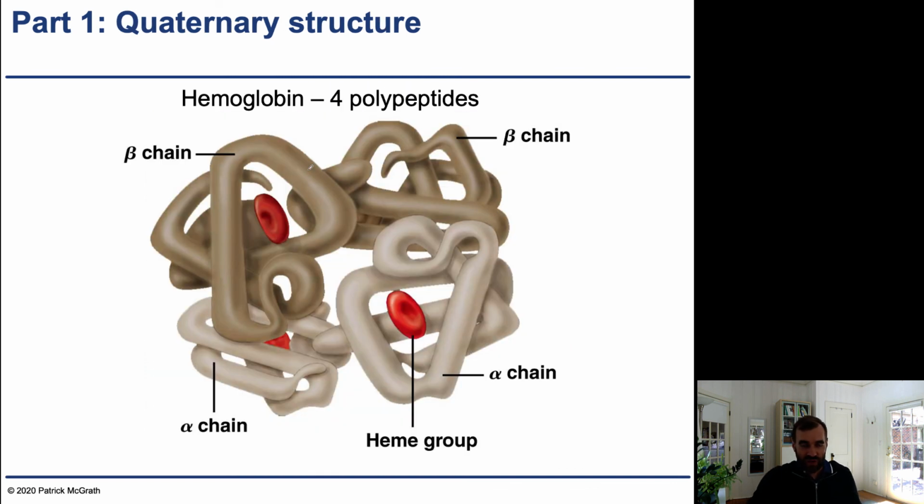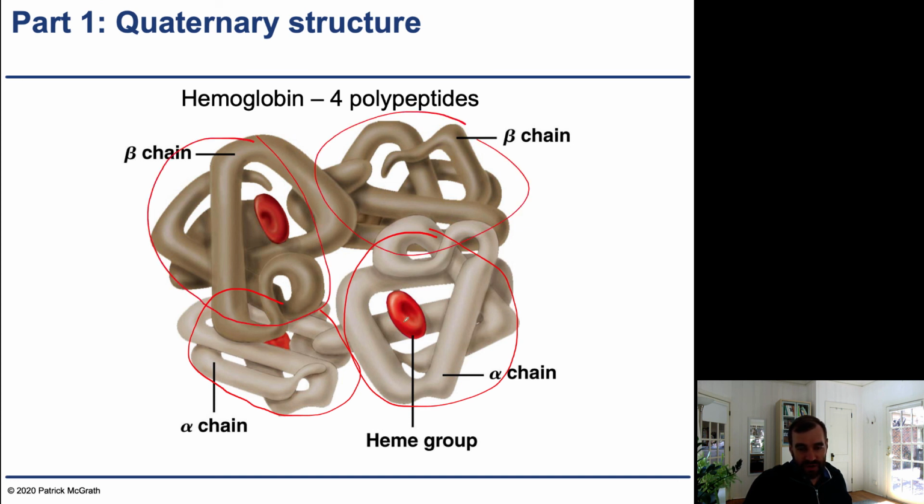Hemoglobin is what's used to transport it through your blood, so it's found in red blood cells, and it is actually four different subunits. All four of these subunits are able to coordinate a heme and an iron, and all four are able to bind an oxygen. So each of these has a little oxygen molecule bound to it as well.